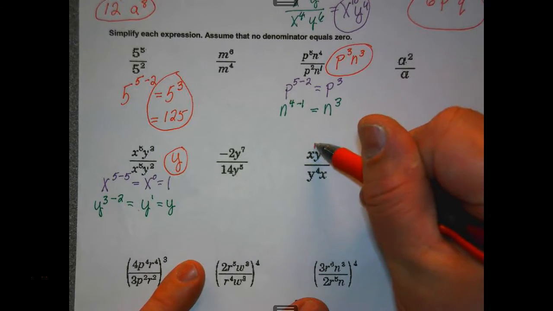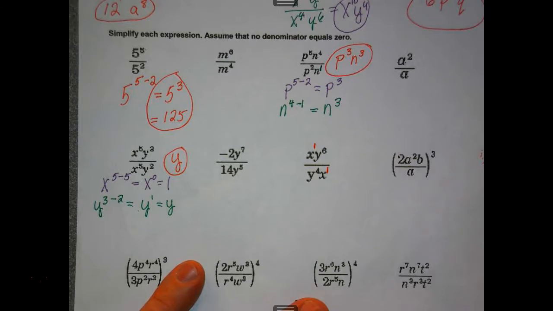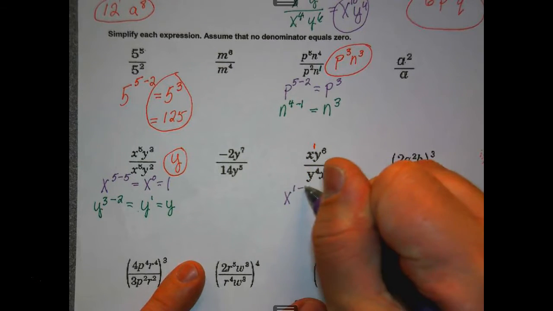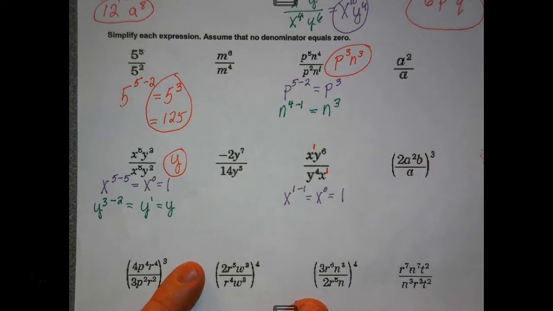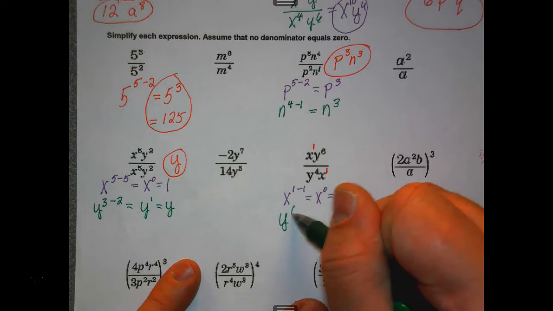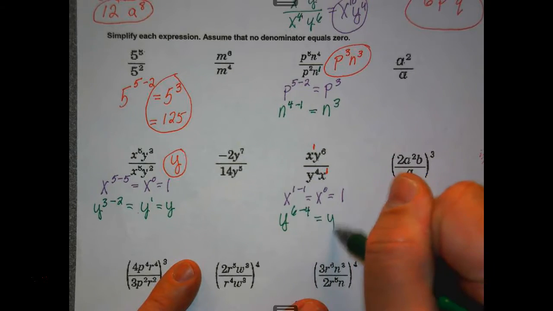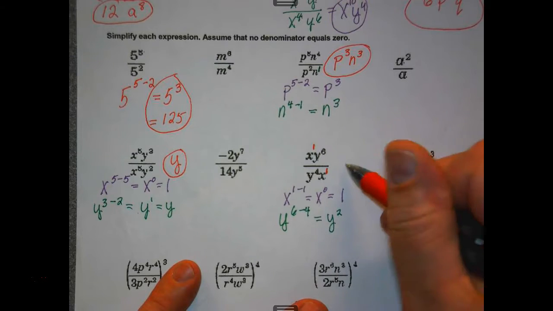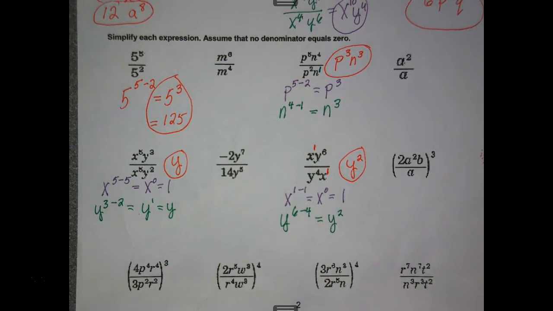Next one here, I have x to the first and x to the first again. So x to the first, 1 minus 1 is x to the 0, which is 1 again. y to the 6th minus 4, y to the second. So I have 1y to the second, or just y to the second.